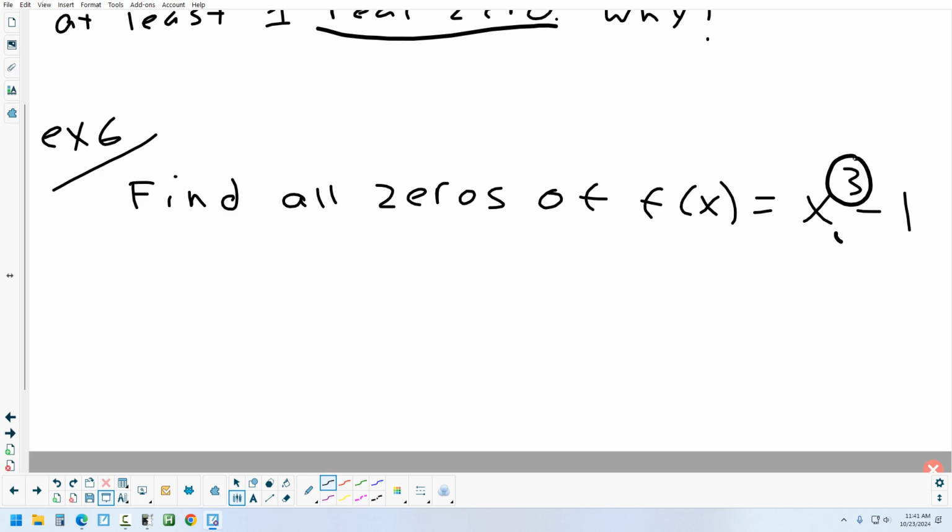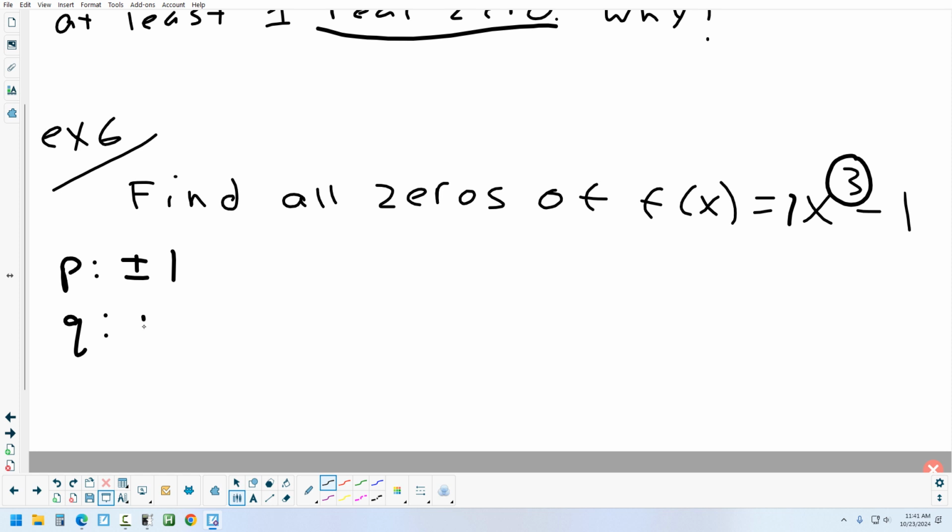So let's start with our P's and Q's. What are all the factors of my constant in this case? Plus minus 1. Yep. So the constant is -1, and the only numbers that divide into that are plus and minus 1. What are all the factors of the Q, which is the number in front?